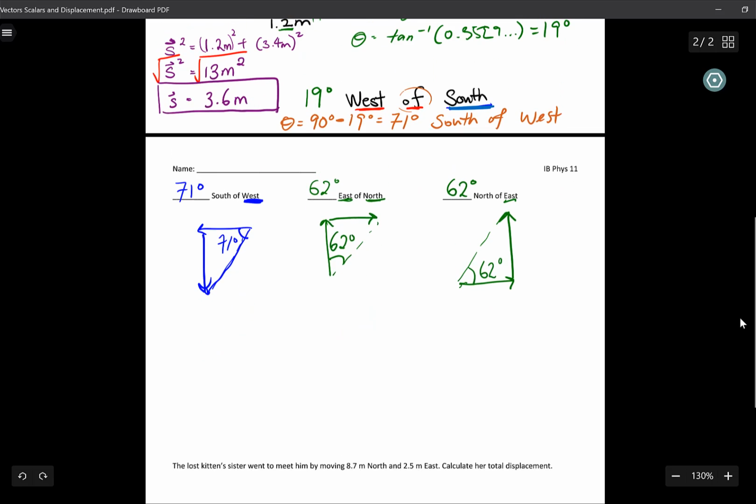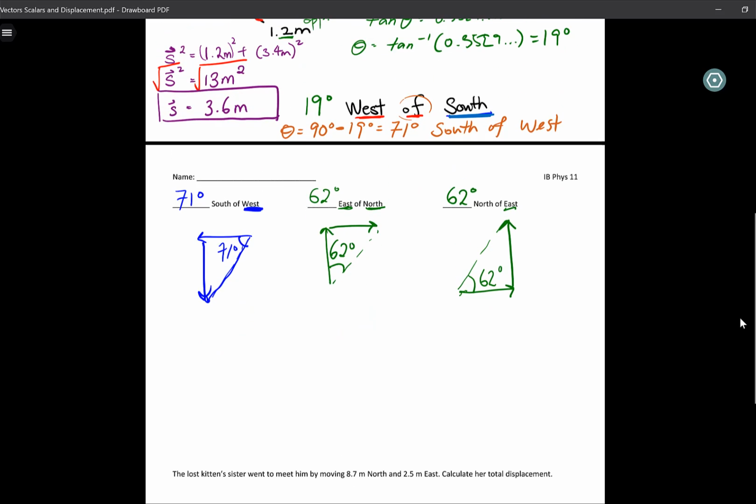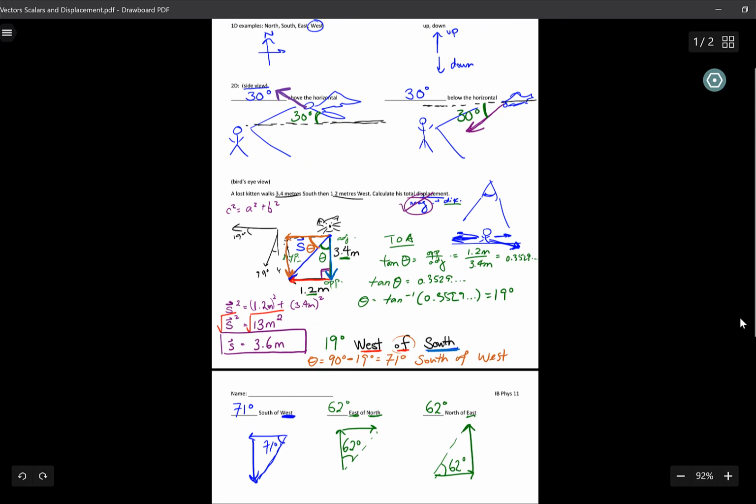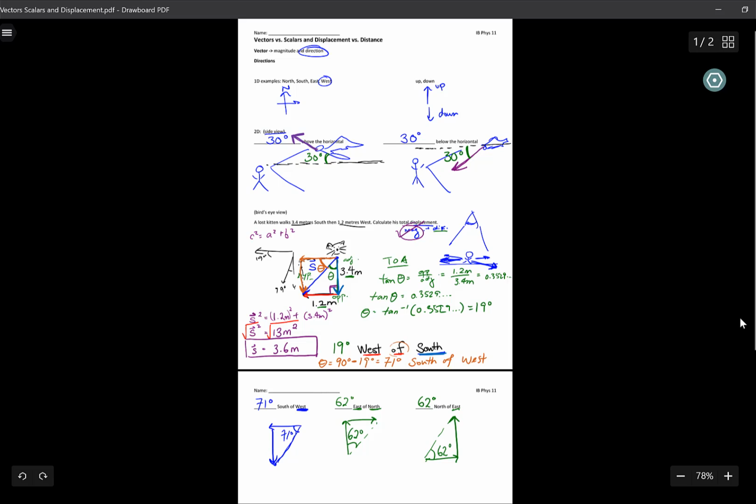So here were a few examples. Okay, so before I do the last example, which I'm going to give you a chance to try, of course, let's do a quick recap. Okay, so we talked about directions. 1D direction languages, and then 2D. 1-dimension languages and 2-dimension languages. The first dimension, we only need to deal with one straight line, either north, south, east, west, up or down.